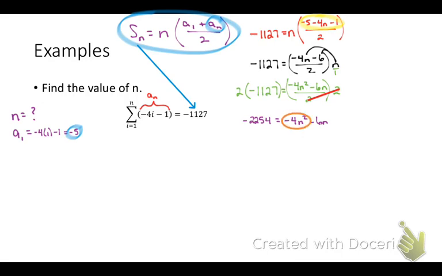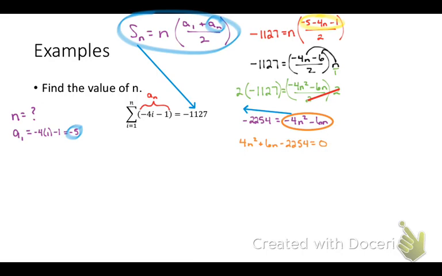Move everything from here. I would move everything over to the other side. So in doing that, I'm going to have 4n squared minus 6n plus 6n, minus 2,254 equal to 0.